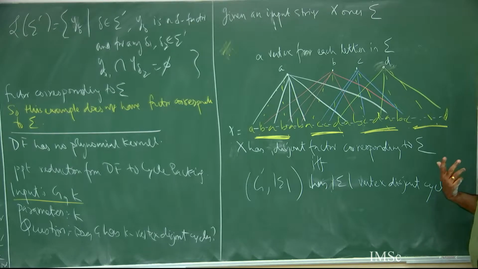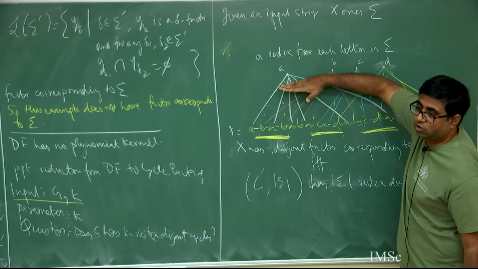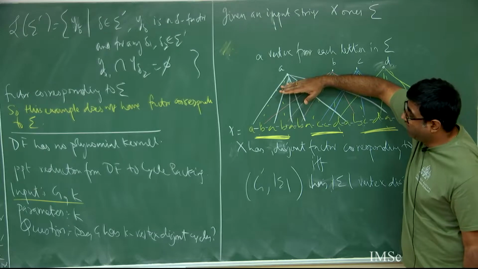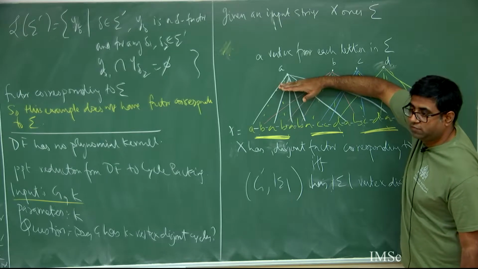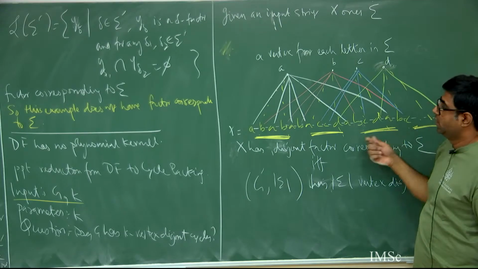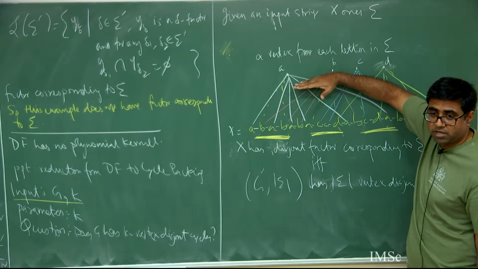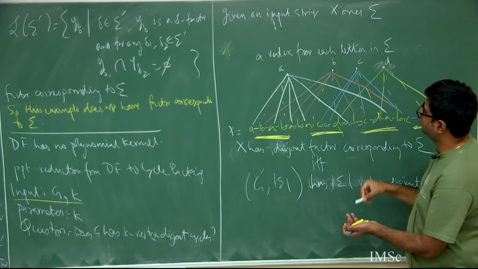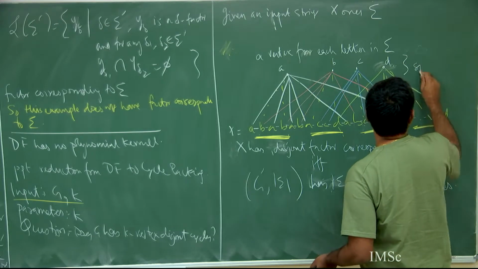Now if you have vertex disjoint cycles, how can they look? Notice, if I delete all these vertices, then there is absolutely no cycle, this is just a path, right? But how many of these special vertices do we have? Let's call them special vertices.